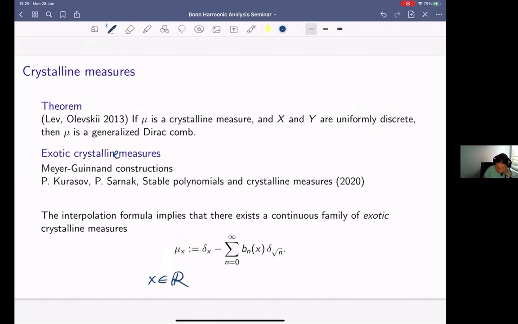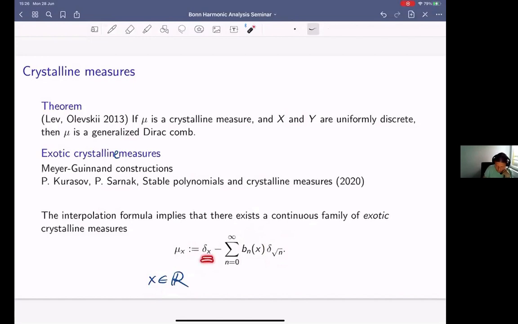We are putting our delta functions at the points square root of n. And here the coefficients we take are the values of the interpolating basis at this point x. And we are putting our free agent, one more delta function with coefficient 1 at the point x.